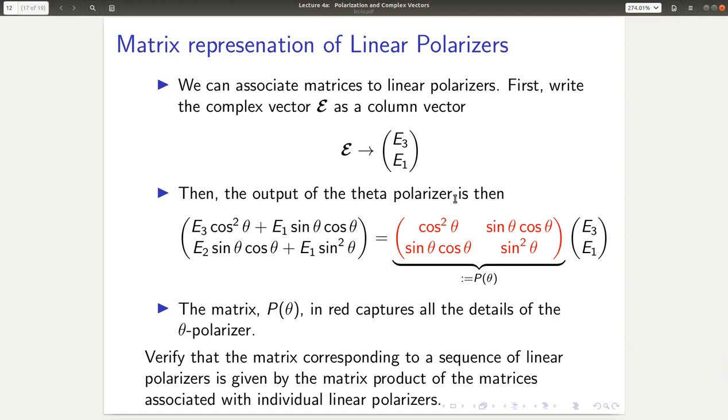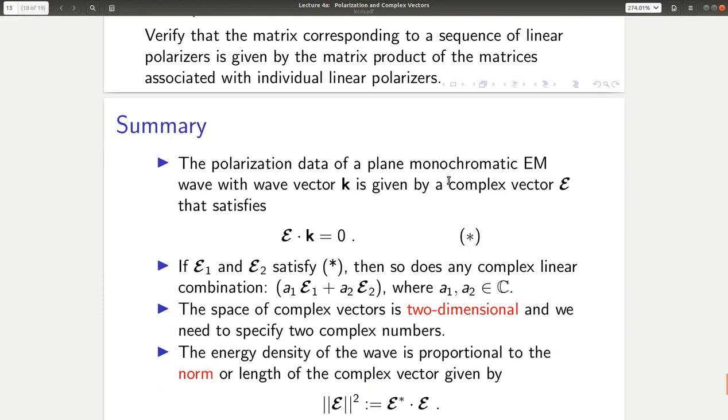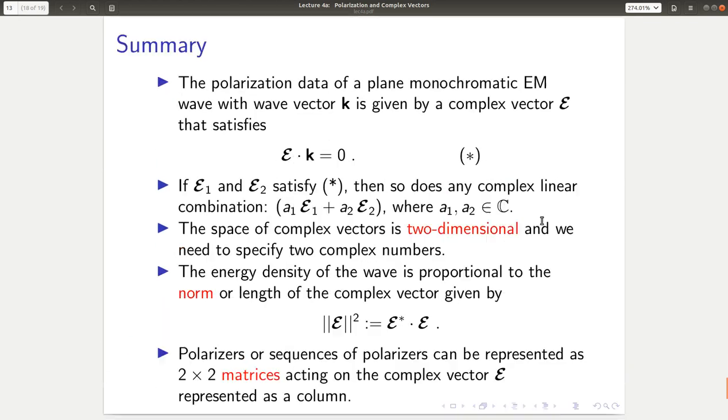So you know what a linear polarizer is, and you know how to represent it as a matrix. Let us finish with a summary. Now I will write things slightly more abstractly. Remember, all our discussion was based on assuming K was along the Y direction. Now I don't assume that.